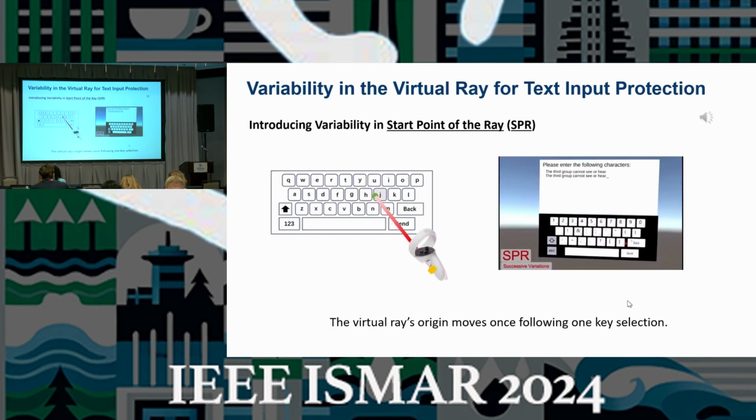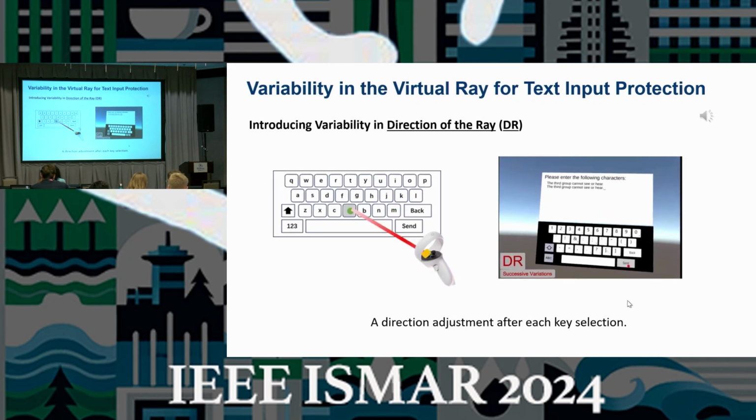Introducing variability in the starting point of the ring changes the initial point of the ring tied to the controller, leading to different rotation angles for object interaction. This adjustment ensures that even when the same key is selected, the required controller movements vary due to the shifted ring start point.